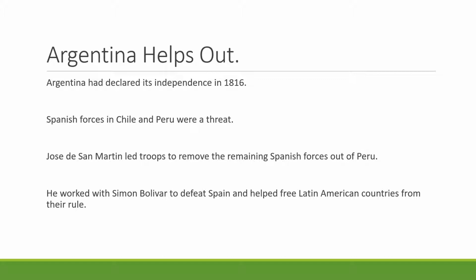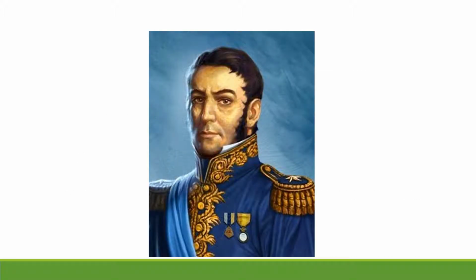And he's also going to work with Simon Bolivar, who we just talked about, to defeat the Spanish and help free Latin American countries from their rule. So Bolivar and him are going to get together to try and force the Spanish forces out of Peru and Chile. So again, Chile and Peru will be able to gain some independence as well. Here's a painting of him, I guess you should say.